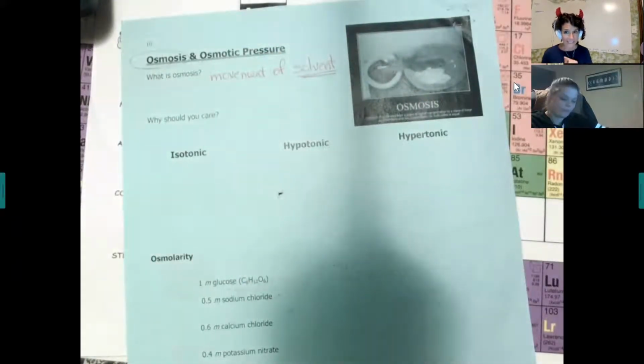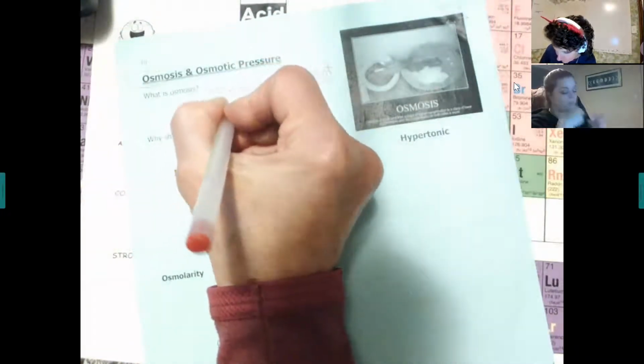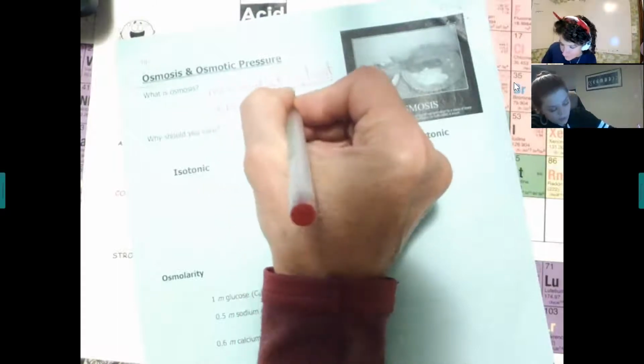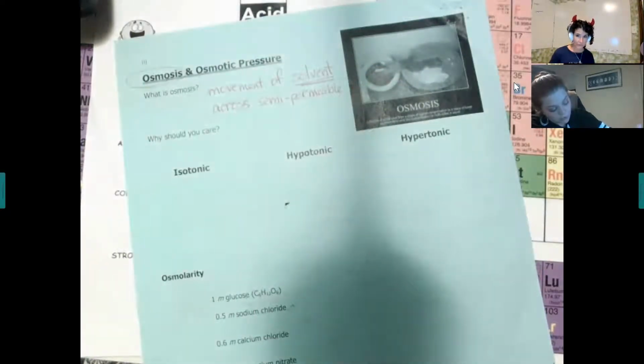Now, some of you have taken anatomy and you learn about the sodium potassium pump and then channels open. If a channel is open, if a door is open, sure, anything can go in and out, but this is the movement of a solvent across a membrane. We call it a semi-permeable, meaning it is only permeable to the solvent. Unless there's a door, unless there's an opening for the solute, it cannot move.